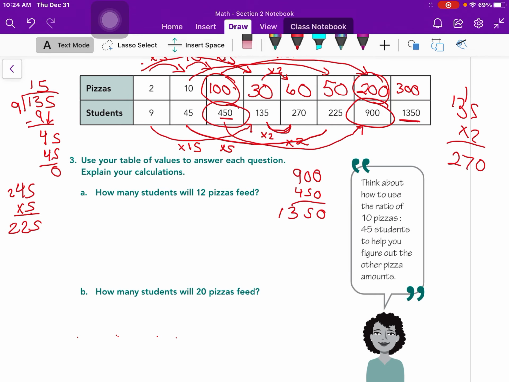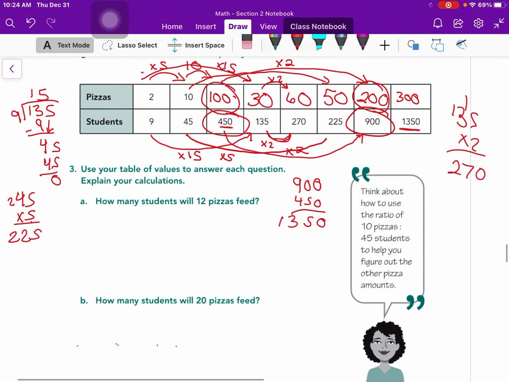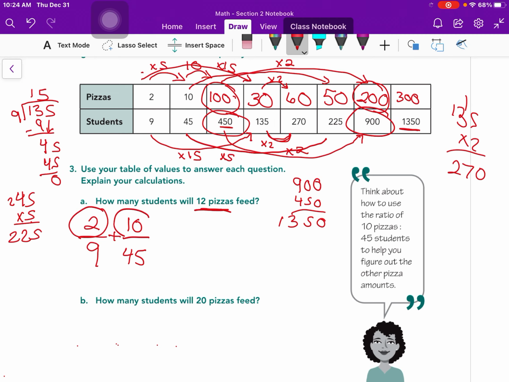How many students will 12 pizzas feed? Well, I know that the first ratio, 2 pizzas feeds 9 students. And then if I have 10 pizzas feeding 45 students, so it's 12 pizzas altogether.